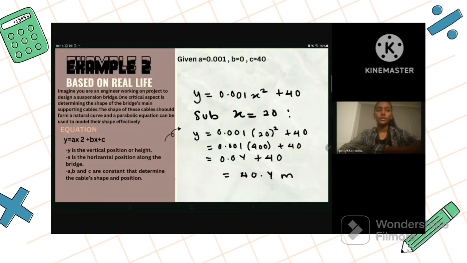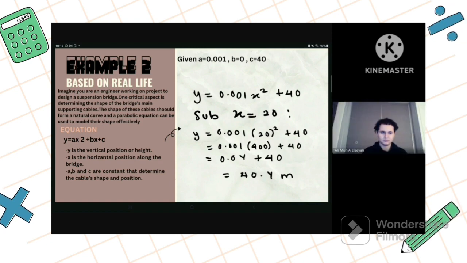Let's go to example 2. Imagine you are an engineer working on a project to design a suspension bridge. One critical aspect is determining the shape of the bridge's main supporting cables. The shape of these cables should form a natural curve, and a parabolic equation can be used to model their shape effectively.